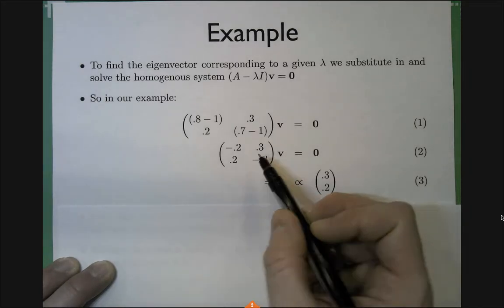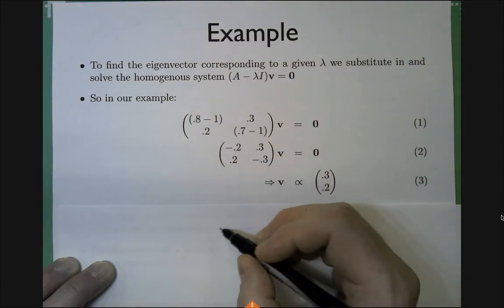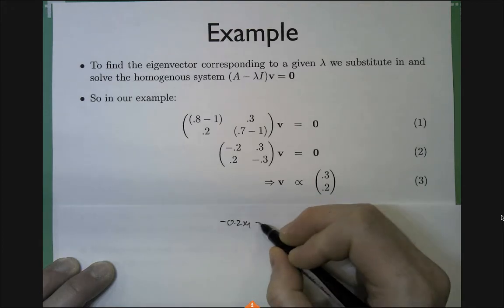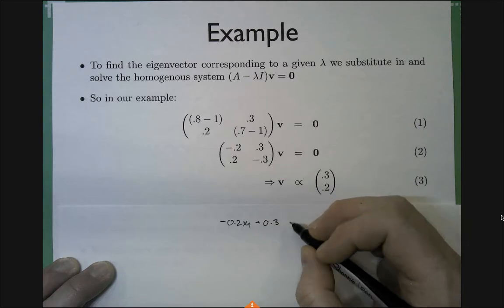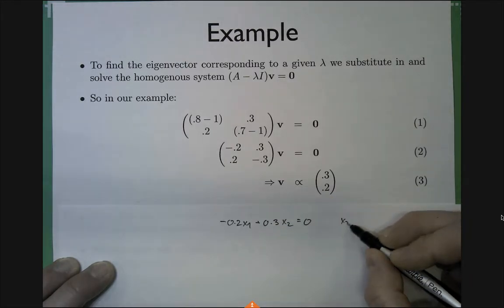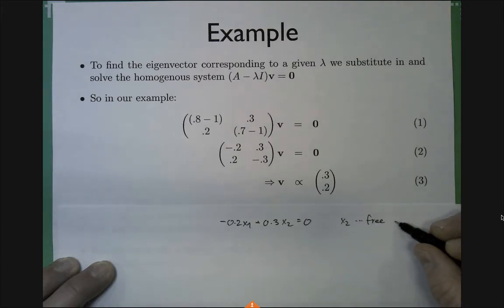So one way to do it, because it's singular, you can just discard the second equation and just do 0.2x1 plus 0.3x2 equals 0. You could say that x2 is a free variable, so you can pick whatever. So you could say, for example, x2 is 1, why not?